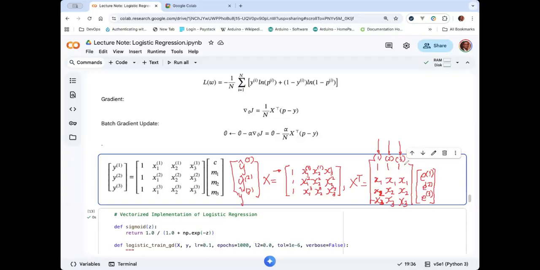When you do this matrix multiplication, since this is a dot product, you take this vector and multiply it by each row. That's how dot products are done. Of course, you sum it.